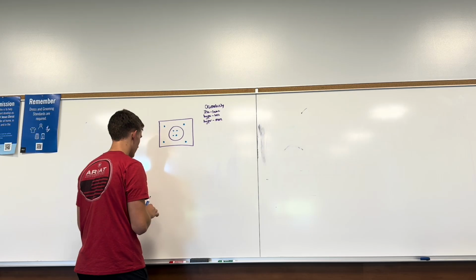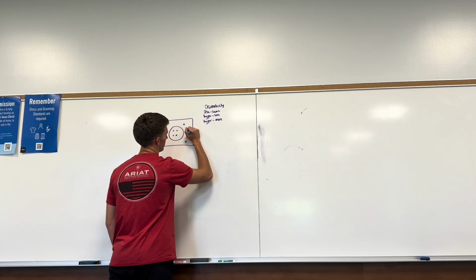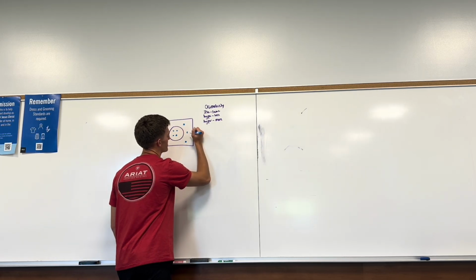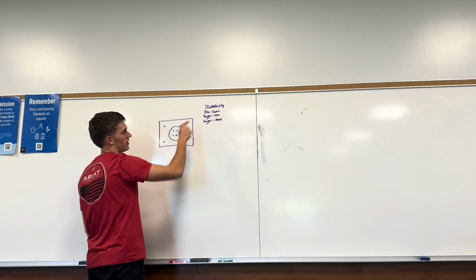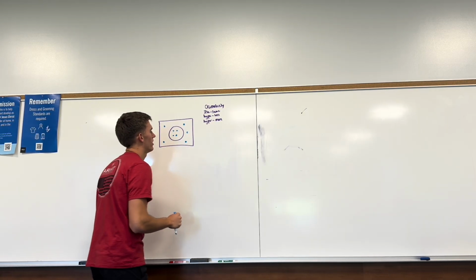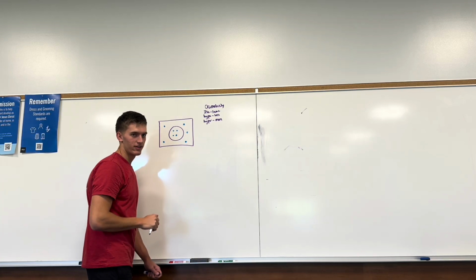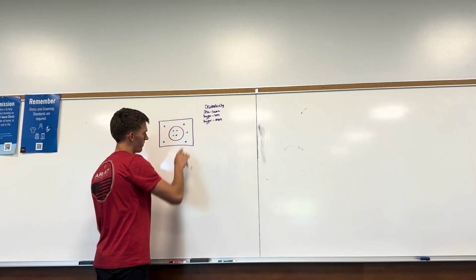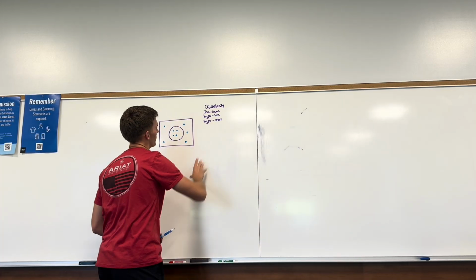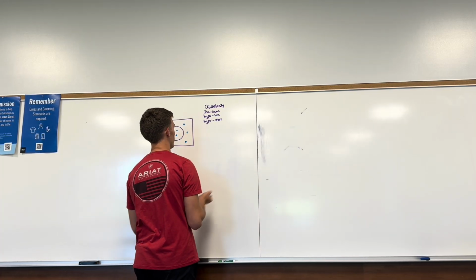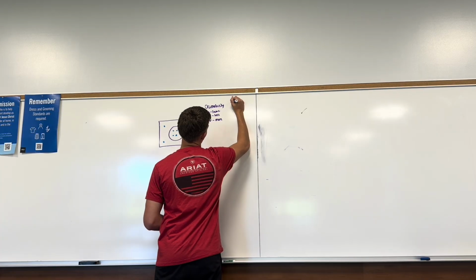So if I added a dot on the outside, that means the solution would be hyperosmotic to the inside of the cell because there's more. And that is basically the cause, and the effect would be the tonicity.